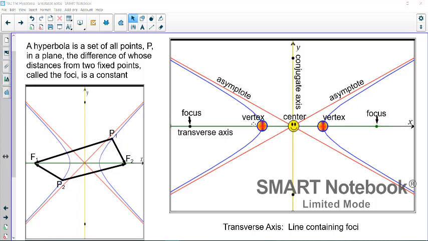Then perpendicular to the transverse axis, we have what's called the conjugate axis. Please notice that both of these axes pass through the center. They are perpendicular to one another. The transverse passes through all these different points. The conjugate only passes through the center.